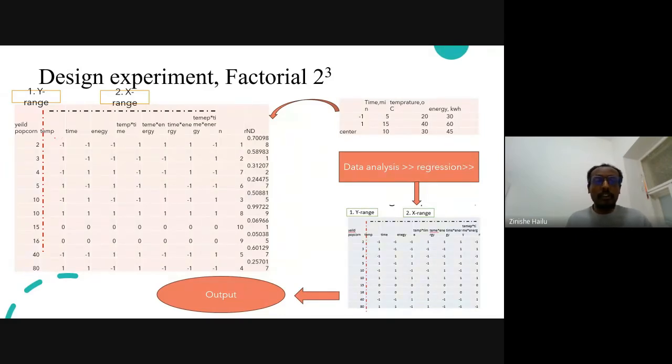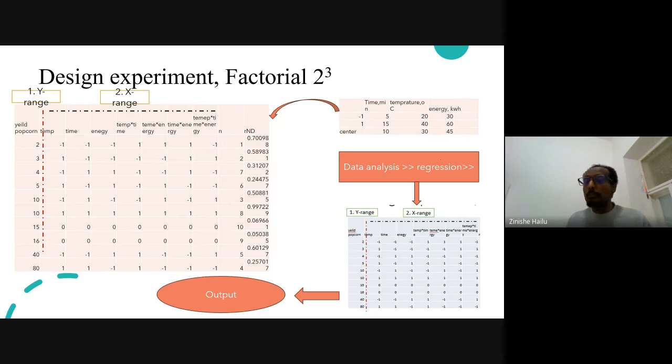So now we are going to optimize the best process, how it looks like. To do this, we'll set up this design of experiment.